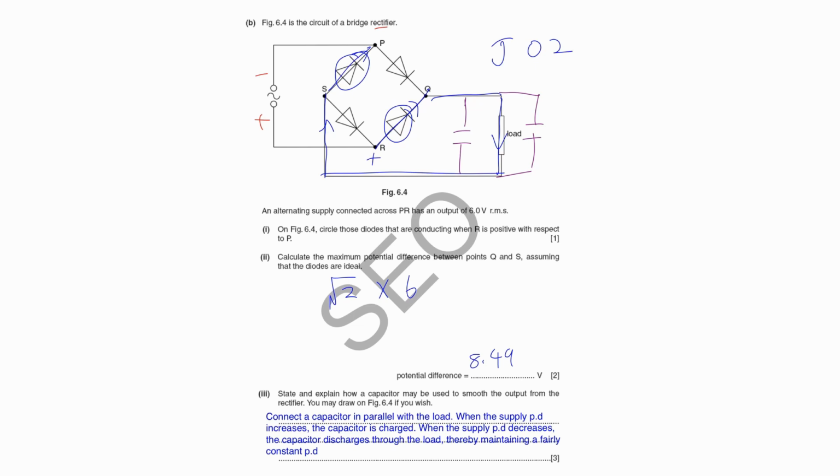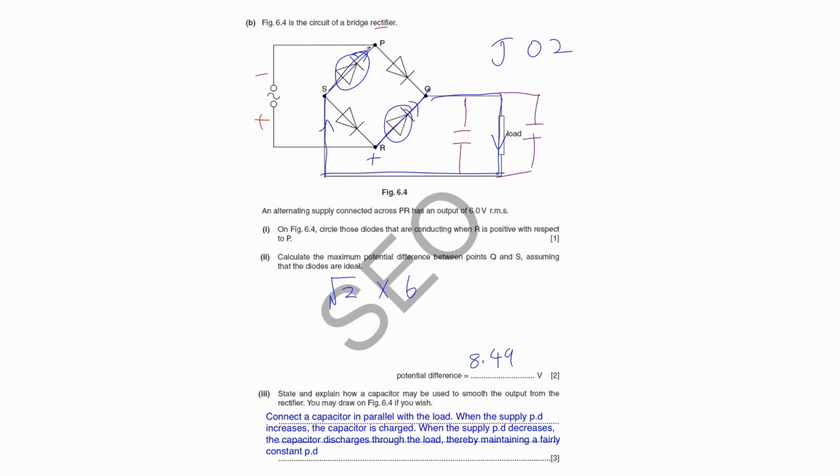The next one is to find the maximum PD between point Q and S. If you notice, Q is before the load, S is after the load. So the maximum PD across the load is what we want, which is also the maximum PD across the supply. Because remember, when the current passes through a conducting diode, let's say from here to here, there's no potential drop.